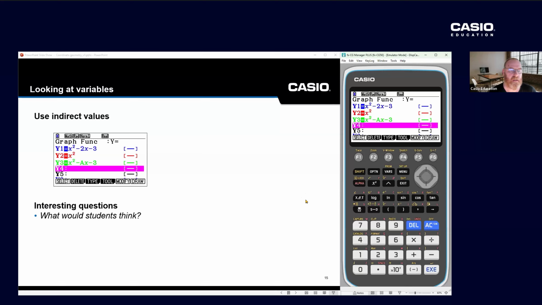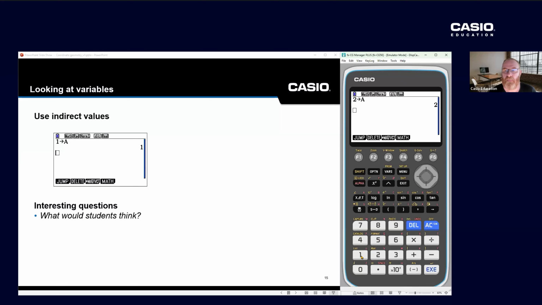Students may not be able to initially respond with that, but if they have the calculator, of course, they can do their own investigation. So if we then go to run matrix, and I'll just edit this one, you don't need to input it again. I'm going to store 1 as the value of a this time.